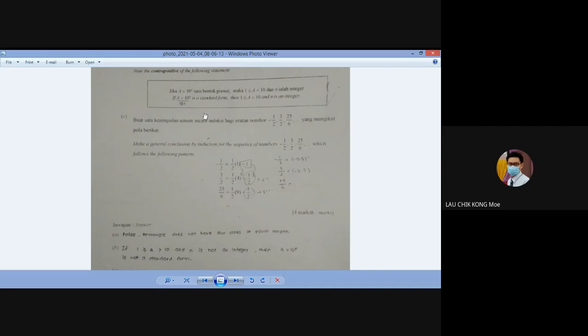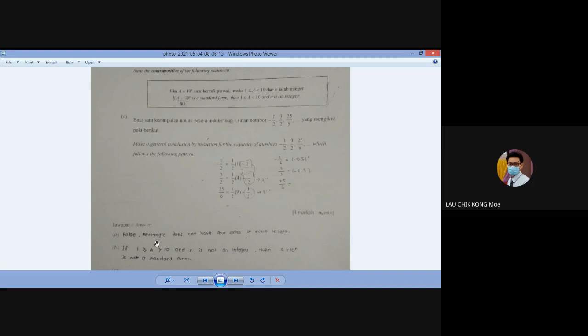So if, oh no no no, Gloria, we cannot write the inequality sign like this. Kita tidak boleh tulis simbol ketaksamaan macam ini. Lebih besar sama dengan tak boleh. We still use less than or equal to. So if 1 less than or equal to a less than 10 and n is not an integer.